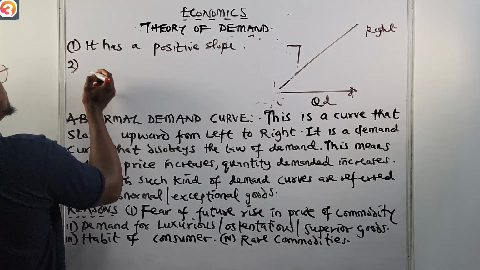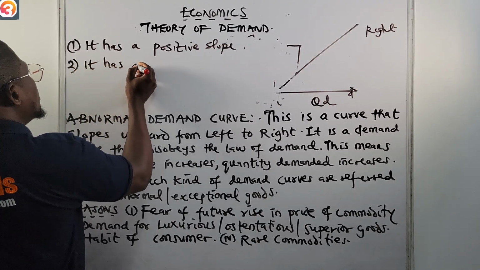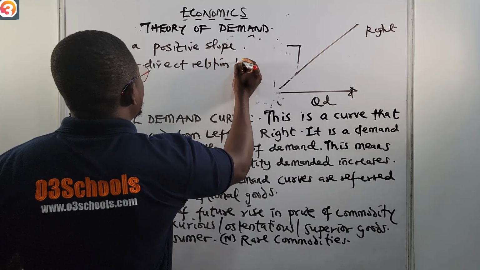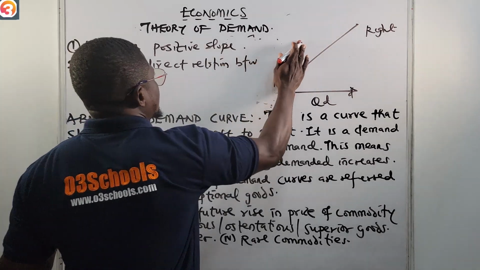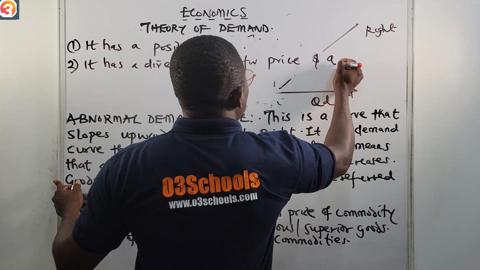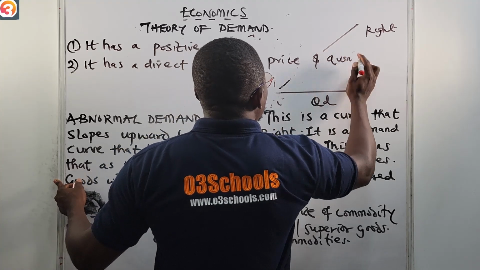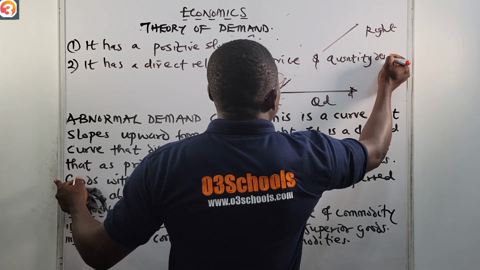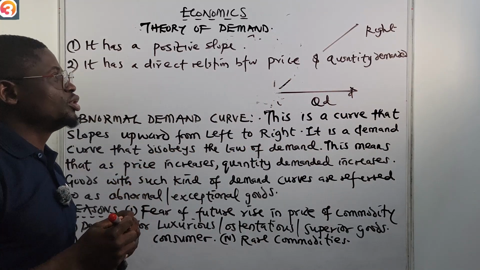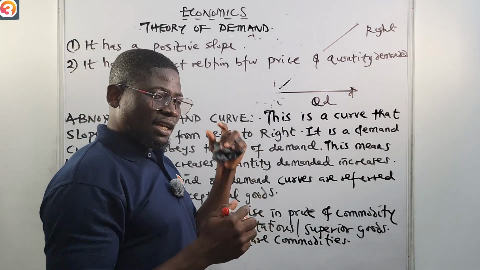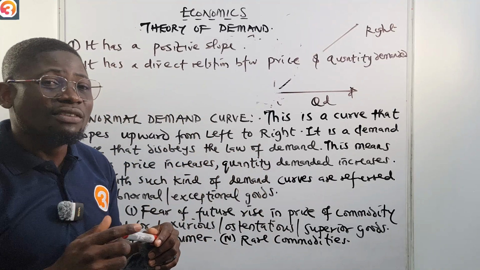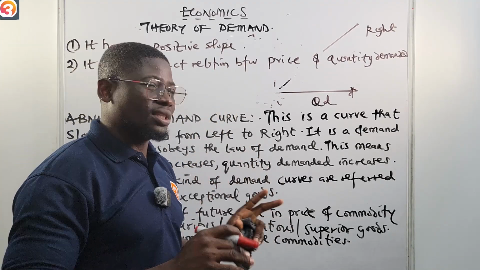Number two, it has a direct relationship between price and quantity demanded. The normal demand curve has a negative function; this one has a positive function.